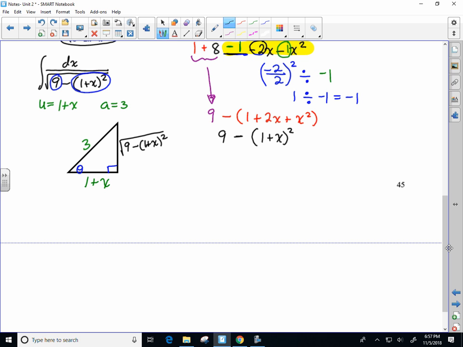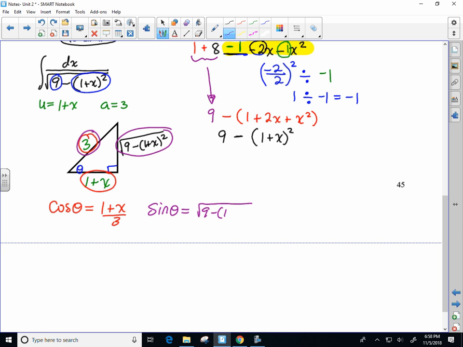Okay, so the ratio of the variable to the hypotenuse, cosine of theta, is 1 plus x over 3. The ratio of the radical to the constant, that's sine, because it's the opposite side, would be equal to the monster radical over 3.